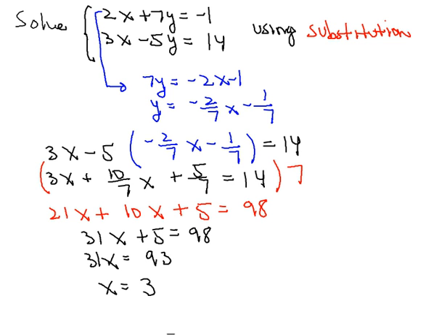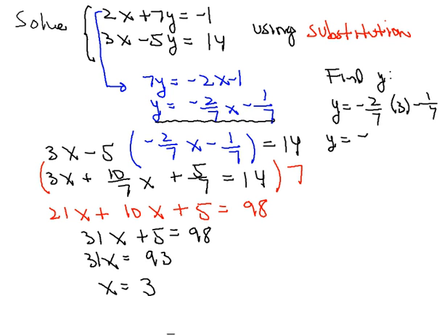Now our next task then will be to find y. And what we need to do is to substitute that value for x back into actually either equation, but probably easiest would be to put it back into this equation right here where we have y isolated. So then we'll have y is equal to negative 2/7 times 3 minus 1/7.